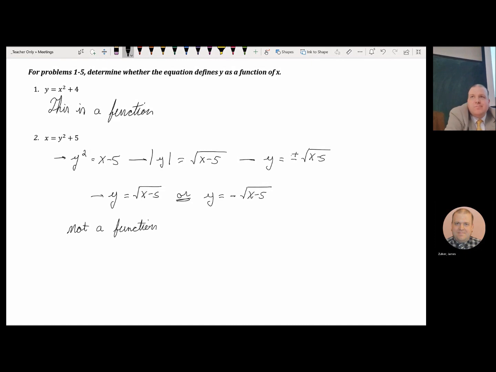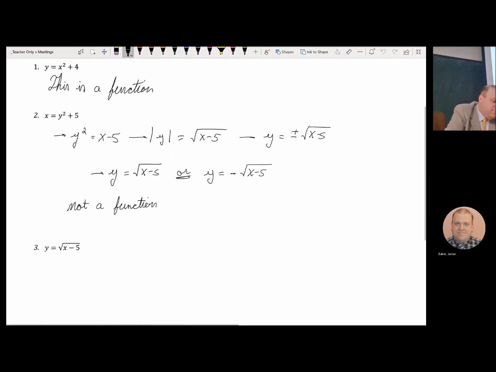That means it's not a function. If I say y is just the positive root of x minus 5, now it is a function.